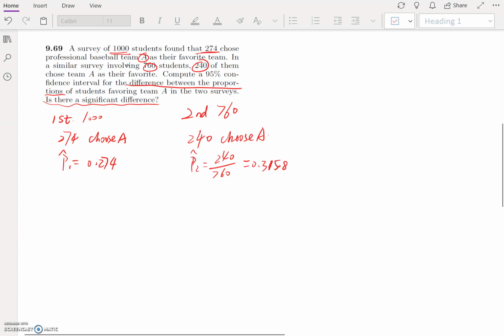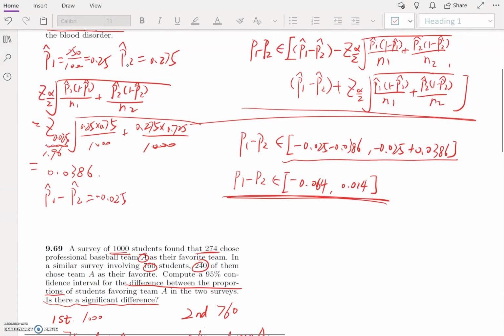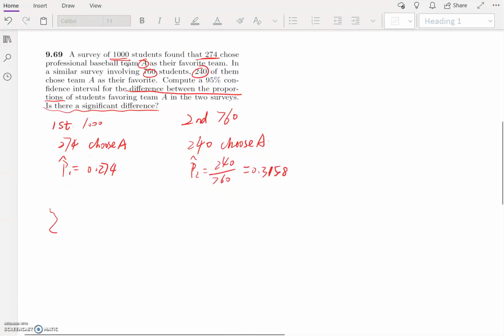So what else do we need? This thing is z alpha over 2 times the square root of p1 hat times 1 minus p1 hat over n1 plus p2 hat times 1 minus p2 hat over n2.